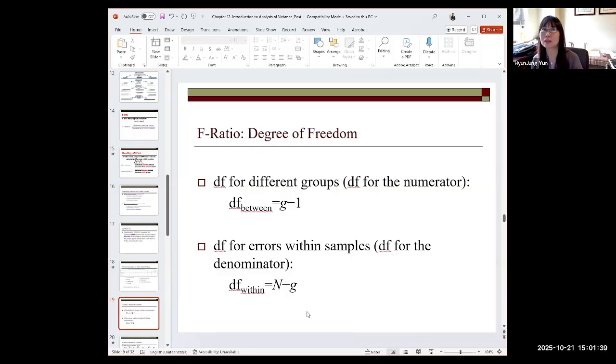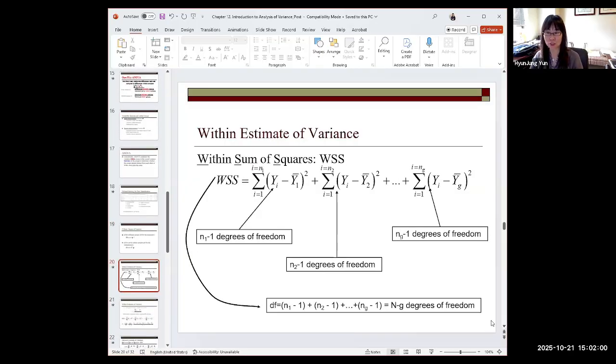That is within group variance. So the degrees of freedom for within group is the total sample size minus each group mean. Now we fixed three, one for each group: Republican, Democrat, Independent.